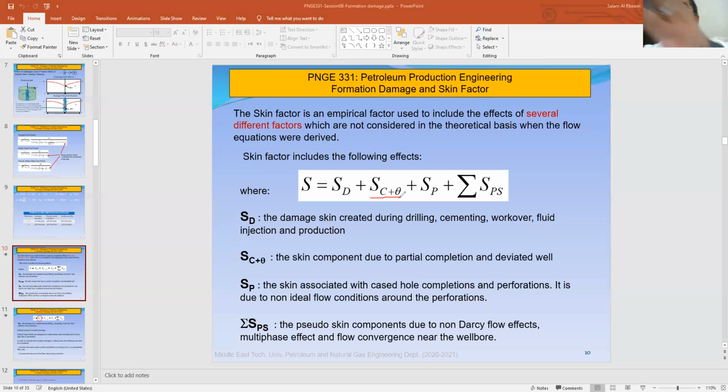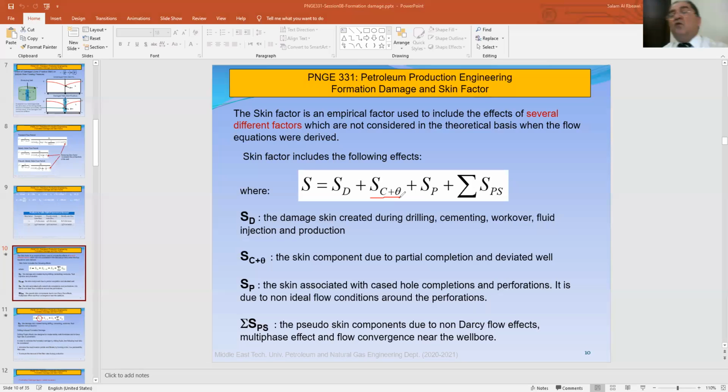The area along the perforation tunnel could be crushed totally, and the permeability of this area, as you know, is nothing. So this type of skin factor, S sub P, considers the pressure drop caused by the perforations for the cased hole completions.